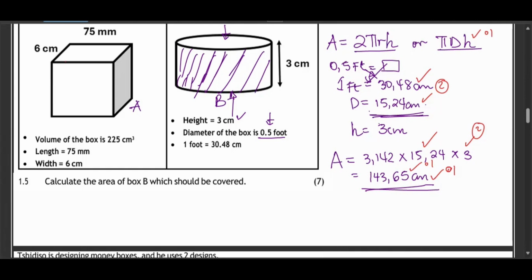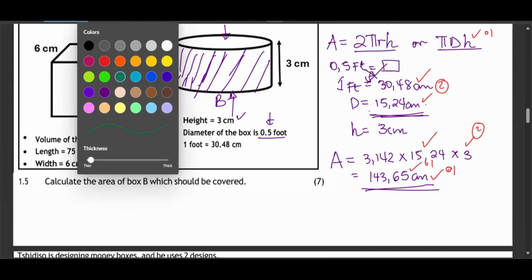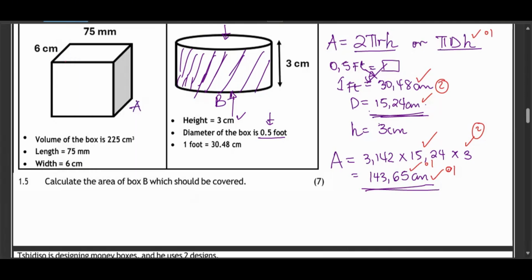Method 2, I'm going to use this one here. The reason why I said D before is that I see this 2 here multiplies with the radius. That gives me the diameter already. Anyway, if I'm to use the second method, which says 2 pi r h, I need to look for r.